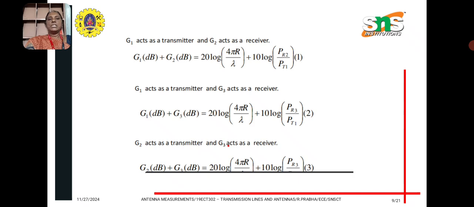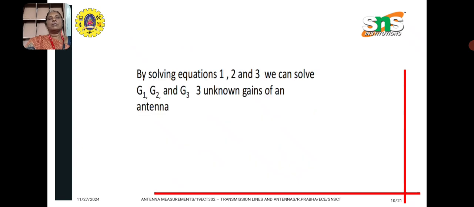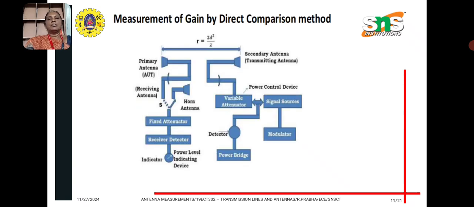Then when G2 acts as a transmitter and G3 acts as a receiver, G3 in dB plus G2 in dB is equal to 20 log of 4 pi r by lambda plus 10 log of PR3 by PR1. So this is equation number 3. So three equations are involved. By solving these equations, we can get G1, G2 and G3, the three unknown gains of the antennas.